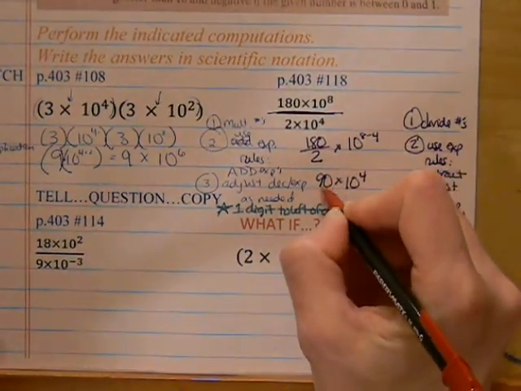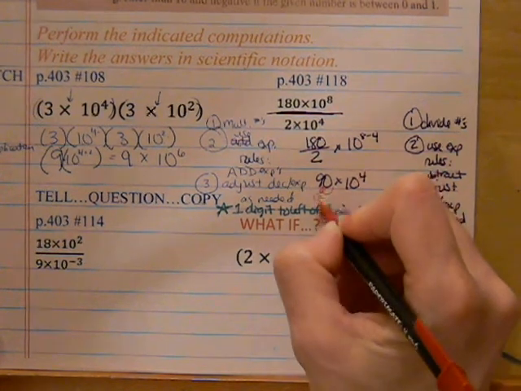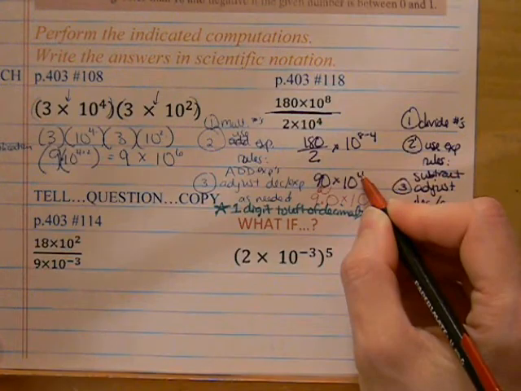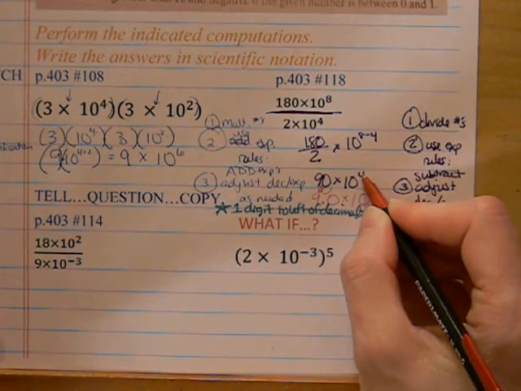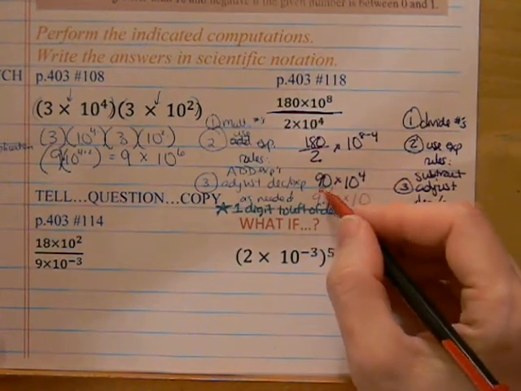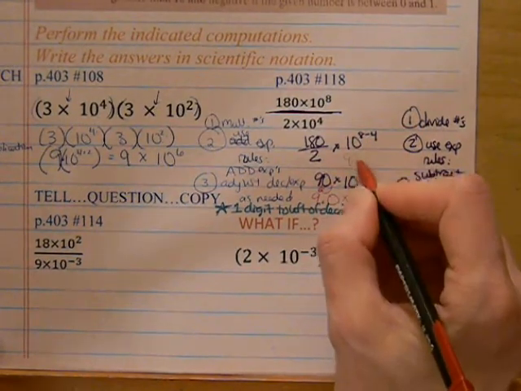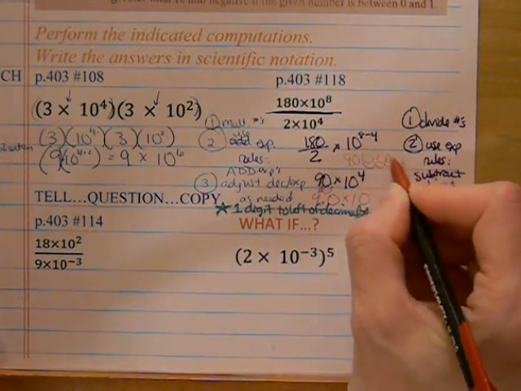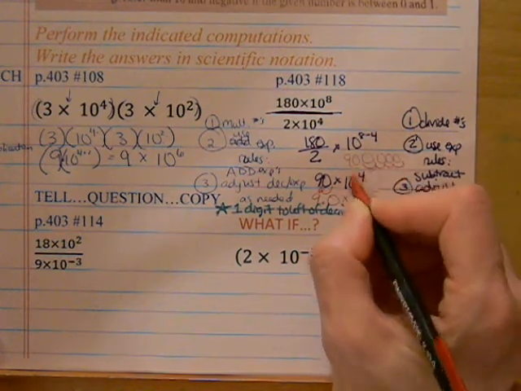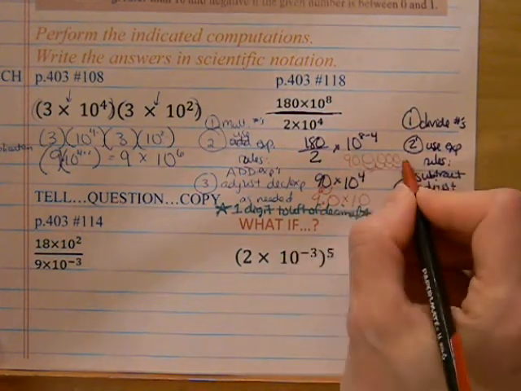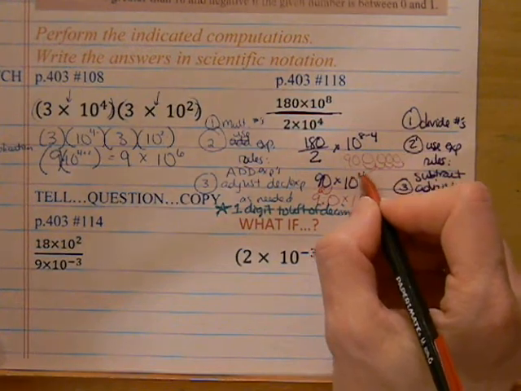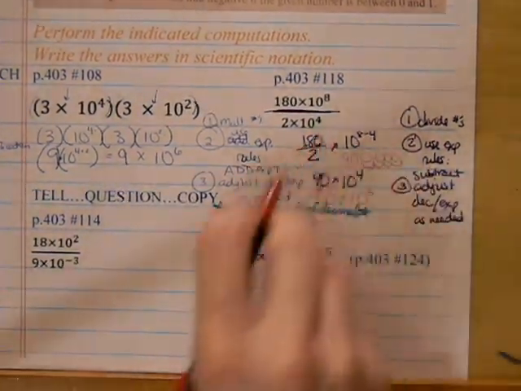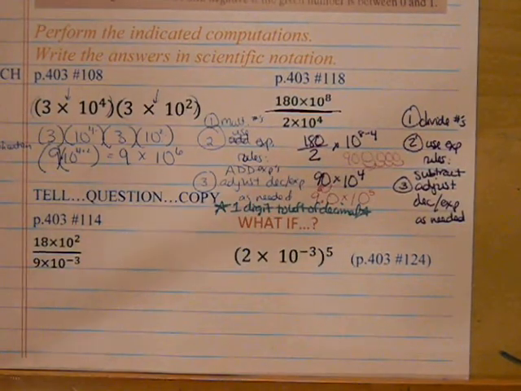We actually want this to be 9.0 times 10, but now it can't be 10 to the 4th, because 10 to the 4th wouldn't get you there. 10 to the 4th would have added 1, 2, 3, 4 places. It would have made it 900,000. Now to go from 9.0 out to 90, we would need another space to the right. So this is now 9.0 times 10 to the 5th.